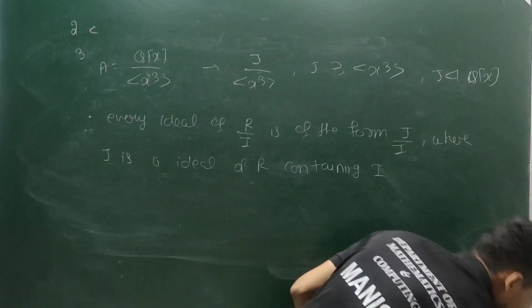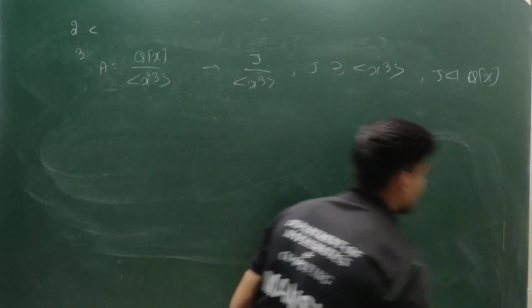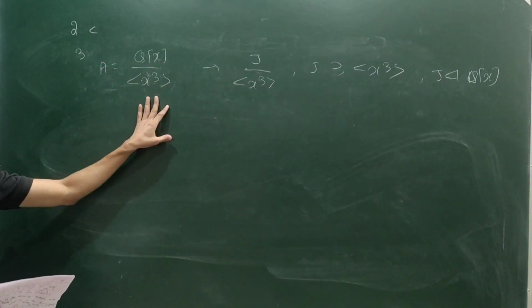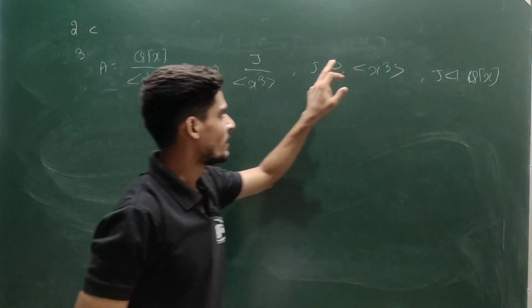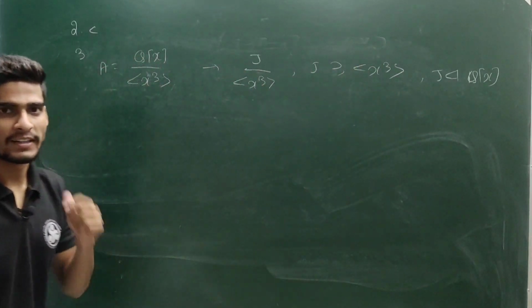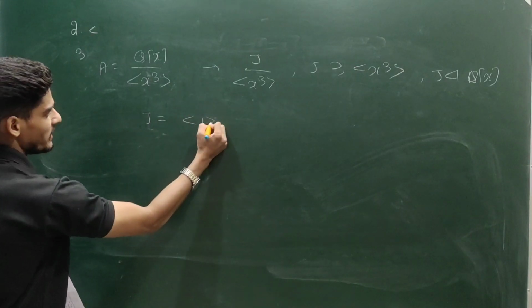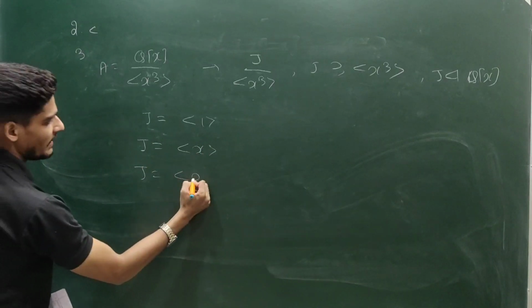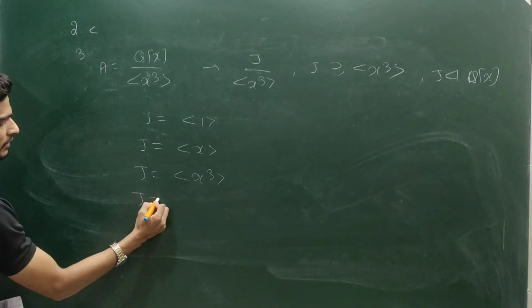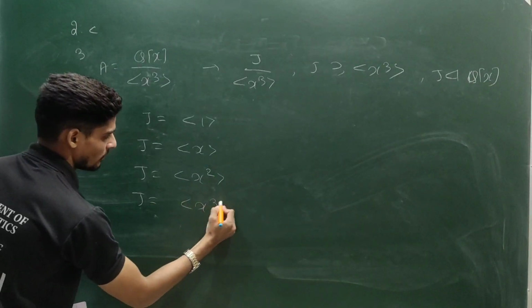Now we know the format of the ideals of this quotient ring. So what are the possibilities for J? This J should be an ideal of Q[x]. This J should contain this x^3 factor. So the possibilities for J will be: the ideal generated by 1, the ideal generated by x, the ideal generated by x^2, and the ideal generated by x^3.